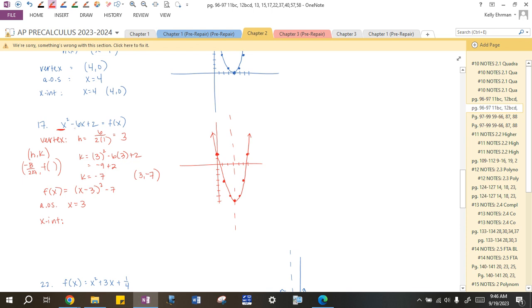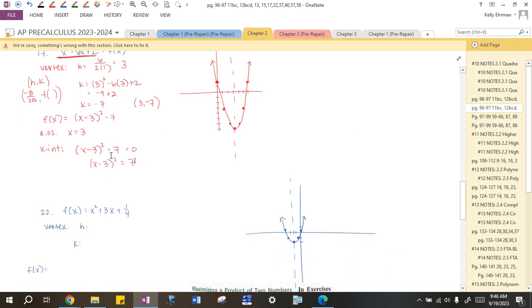What about the x-intercepts? I can't factor the original f of x. So I'm going to set my vertex form equation equal to 0. We're doing quadratic formula tomorrow, so you could do quadratic formula on this. I just haven't officially talked about it yet, so just showing you all of your options.